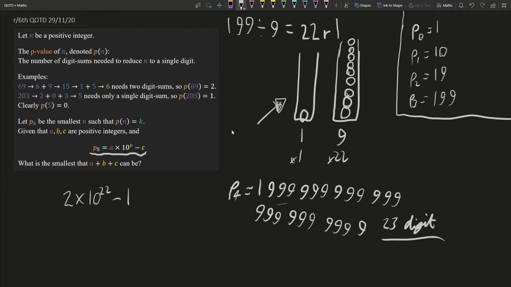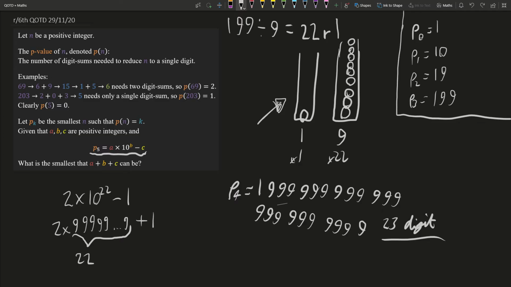And we can also express this in a similar way to how we've expressed P3 before, as 2 times, well, it's quite a lot of 9s. You have 9, 9, 9, 9, 9, and this should be 22 9s. And we actually add 1 to this.